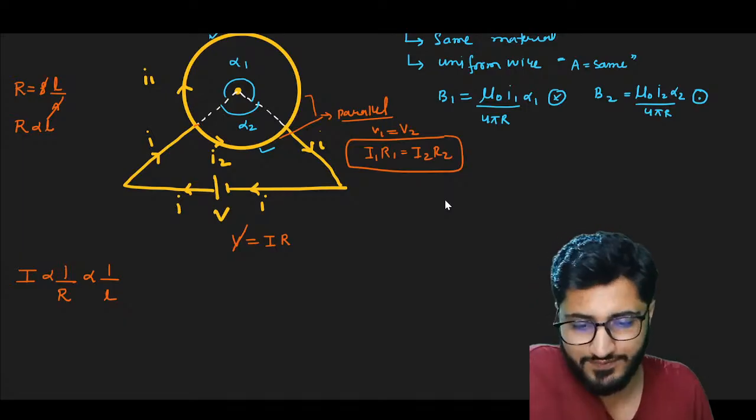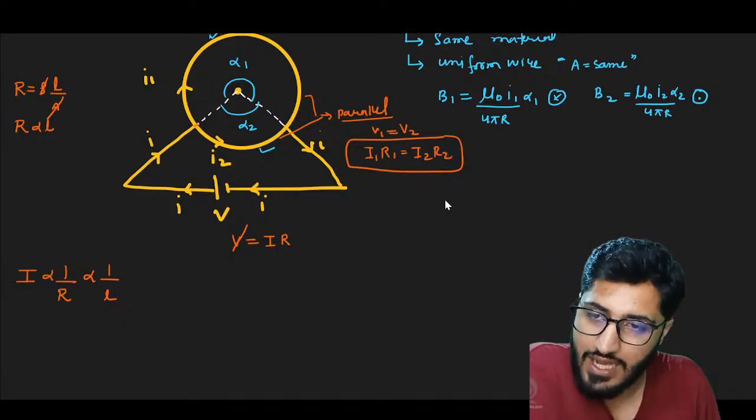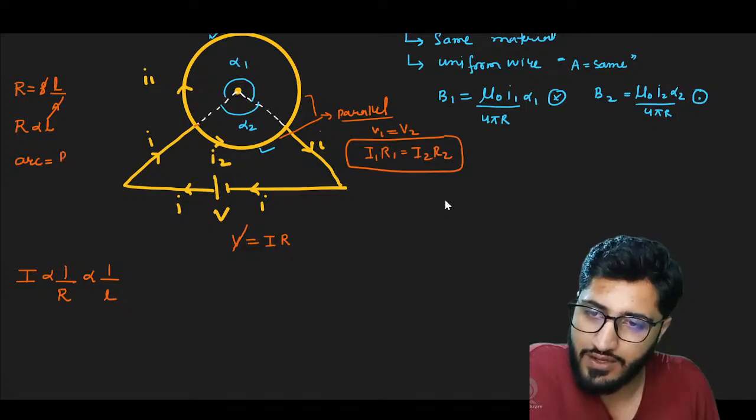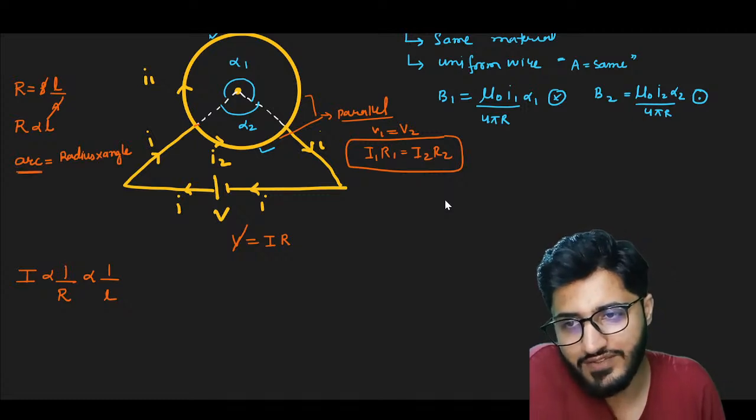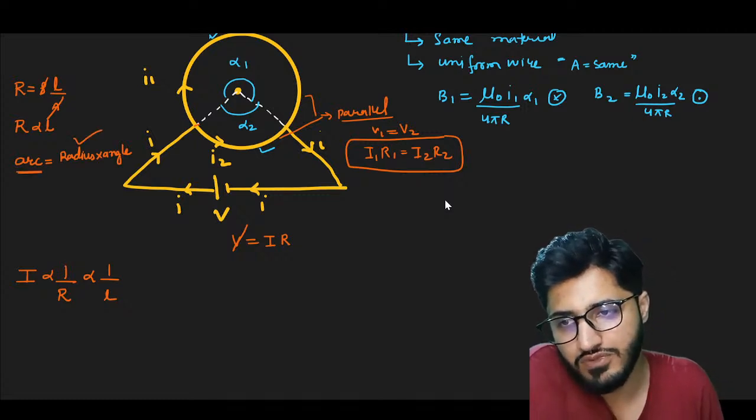One more thing. Arc is equal to r into theta, radius into angle. What is the arc? Is it length? Radius is the same, so length is proportional to theta, the angle also.